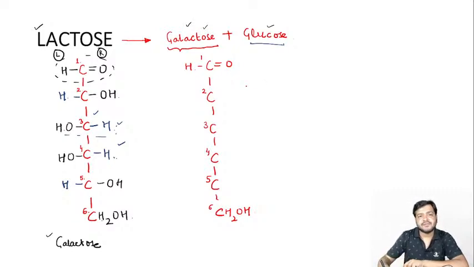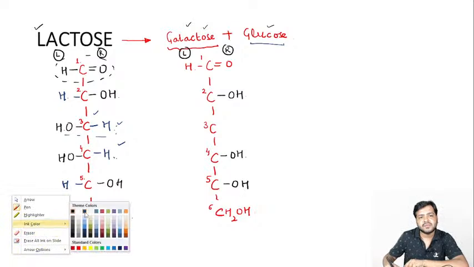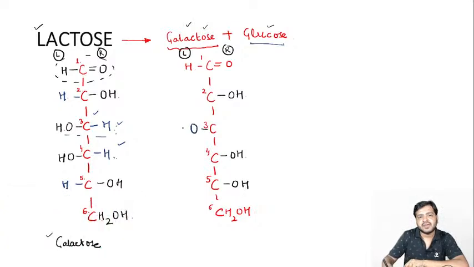Apart from that, guys, you are very well aware that the OH group is on the right hand side in all the carbons except the third one, where the OH group is present on the left hand side.